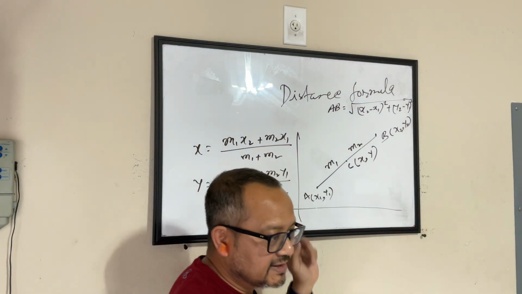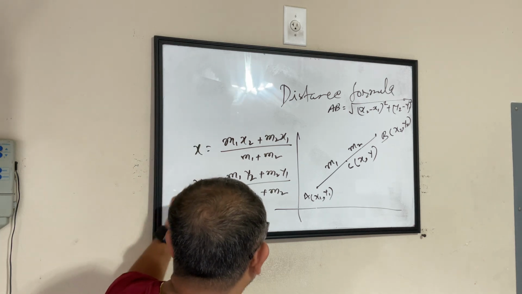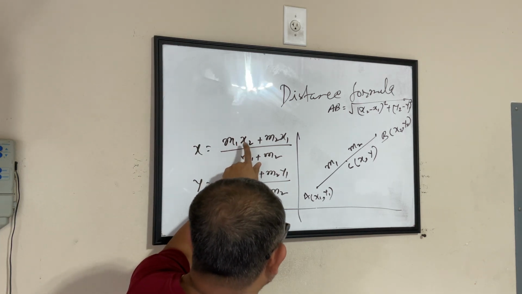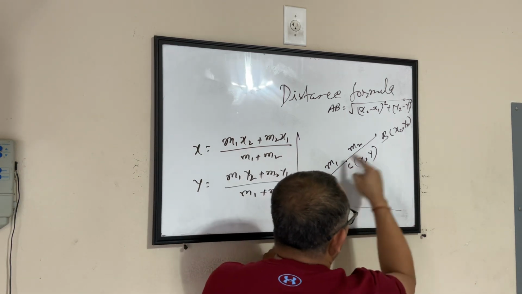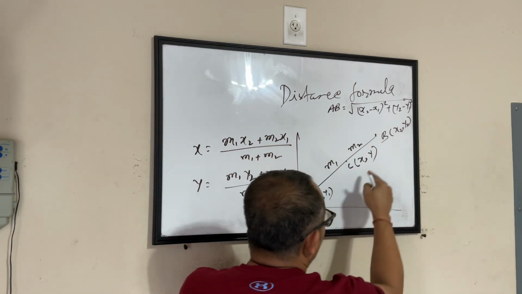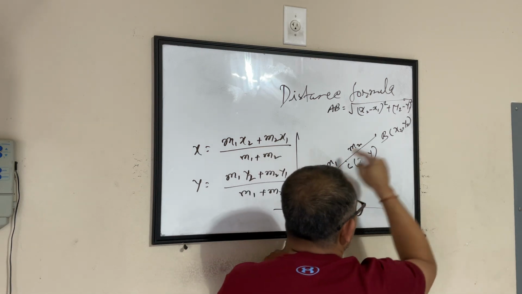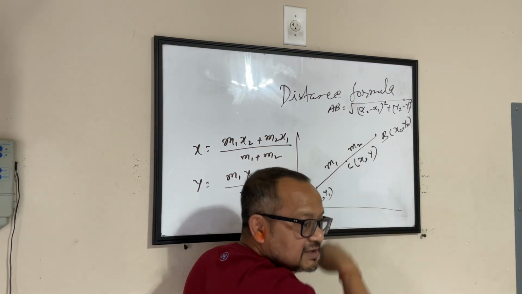Okay, like this. How do you remember it? The x value will be m1 x2 plus m2 x1 by m1 plus m2. Y value will be m1 y2 plus m2 y1 by m1 plus m2. So it's crisscross. That is how you remember it.